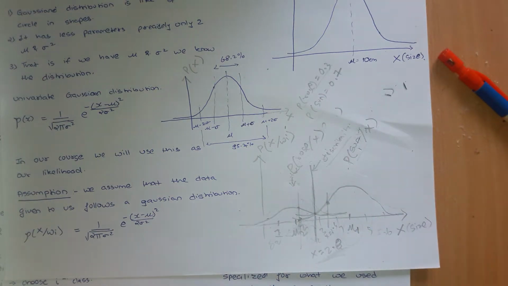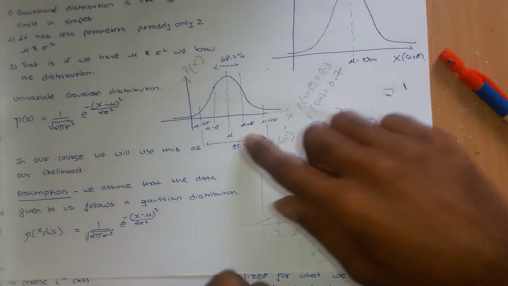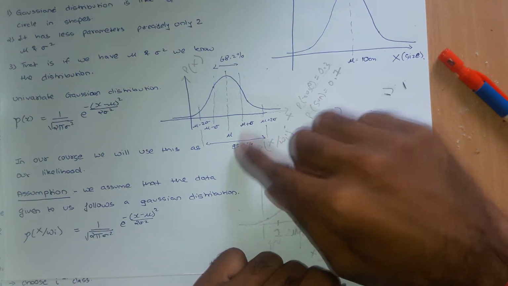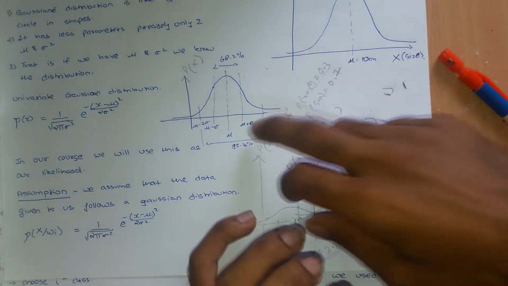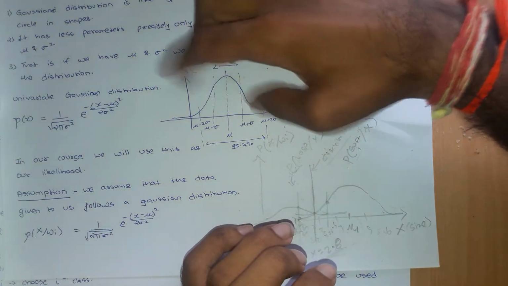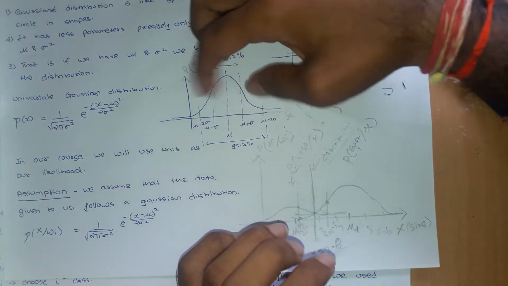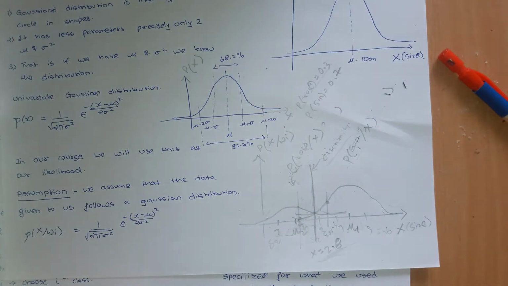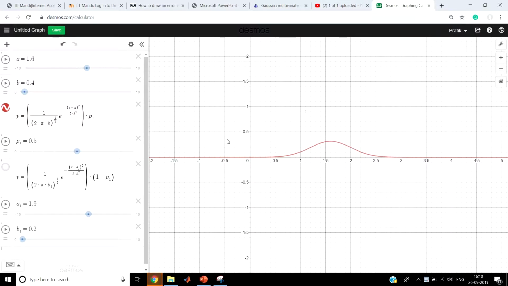So now let us quickly go to Desmos and see how mu and sigma variations change the shape of the Gaussian. Right, so I'm in Desmos here. I have plotted the Gaussian distribution over here.